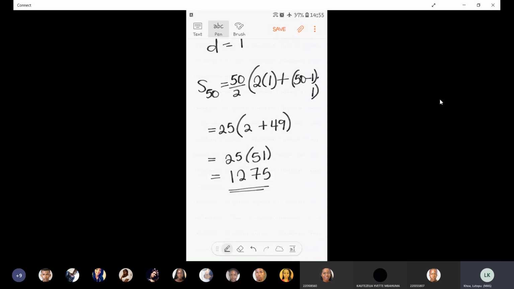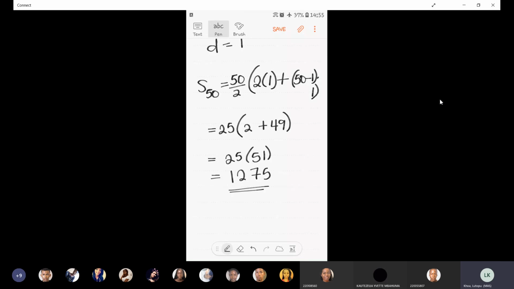And you can actually try it: 1 plus 2 plus 3 plus 4 and so on up until you get to 50. You will see that the sum is exactly equal to 1,275. And this took me like a minute.